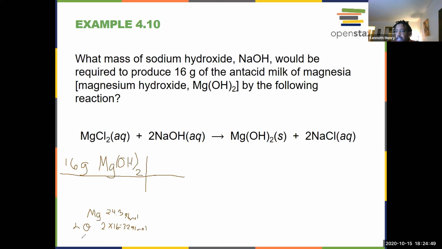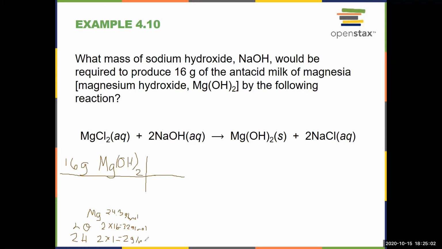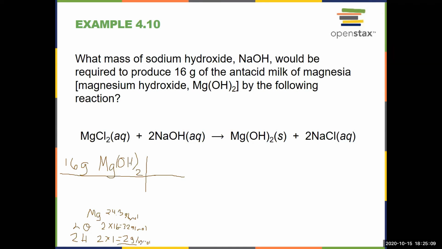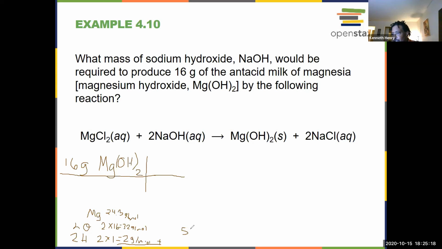And then hydrogen, how many hydrogens do we have? 2. So 2 times 1. Grams per mole. And then we add them all together. I'm running out of room, so I'll put it over here. So what is that? 58.32.